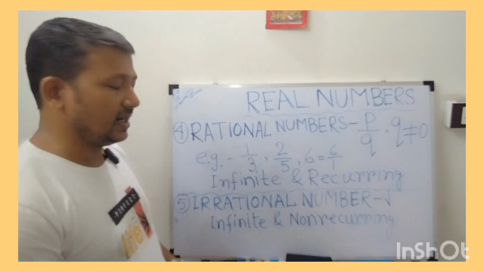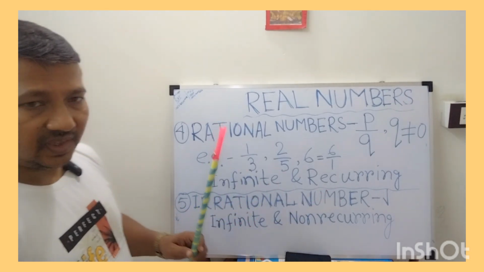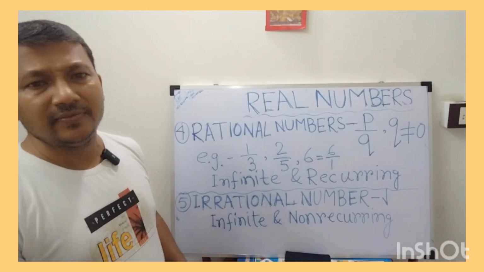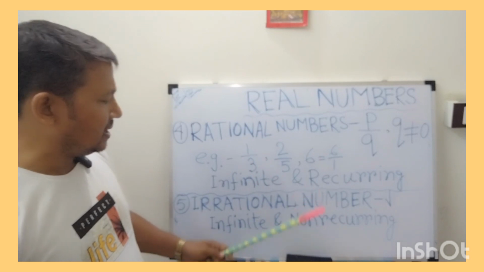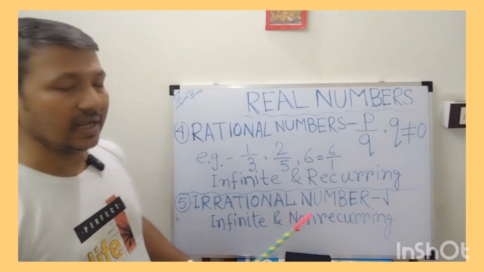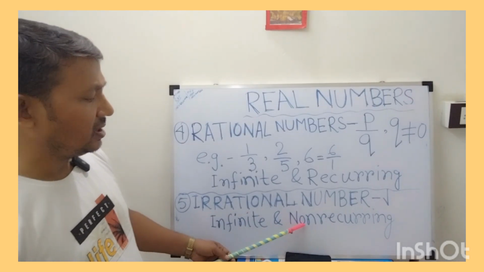Now what are irrational numbers? Irrational numbers are those which we cannot express in fractional form, because in this case the numbers are infinite and non-recurring.